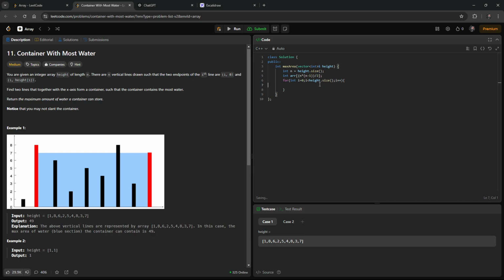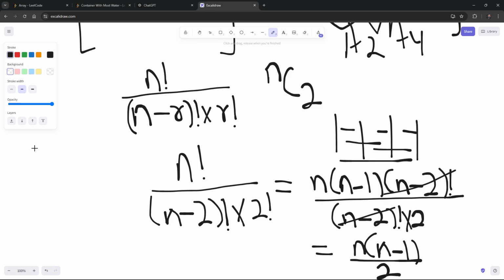After doing so, if this is 2, this is also 2, then it means that 2 is equal to 1, 2. First one and second term also it is equal to 1, 2.